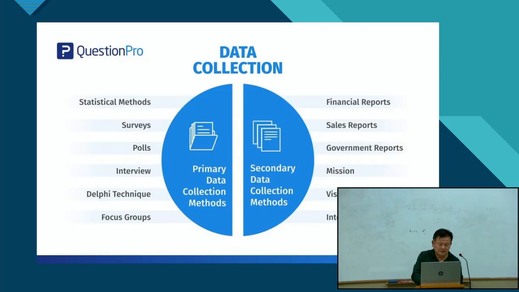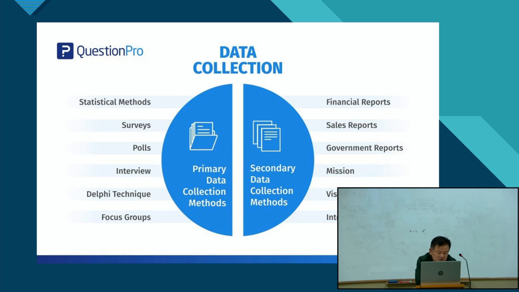So, for example, data collection is, as I said, primarily raw data. And secondary data is a different collection method. Primary data, the raw data, uses methods such as statistical methods, surveys, and polls. Polls are very powerful tools, for example in deciding who is elected president in the United States for the next 4 years.